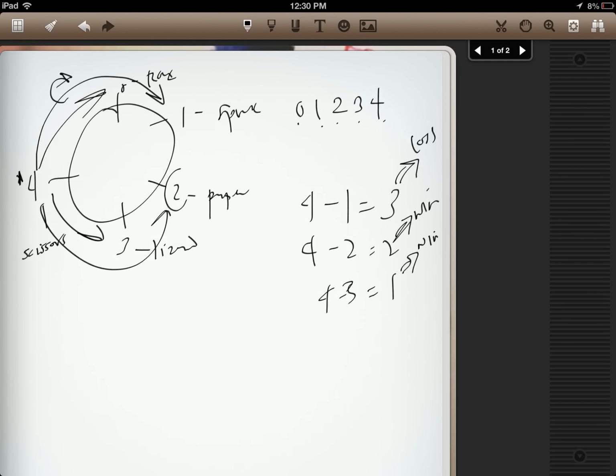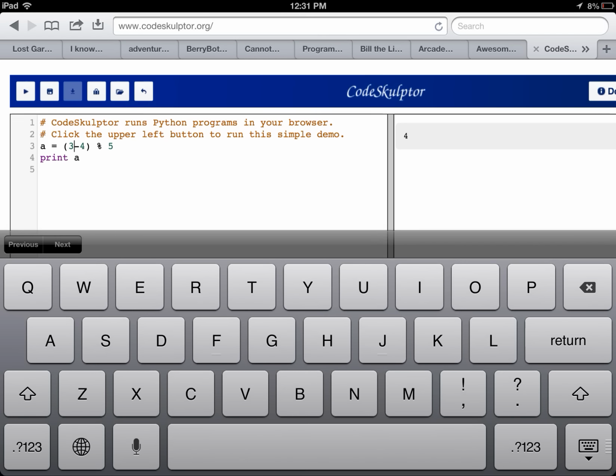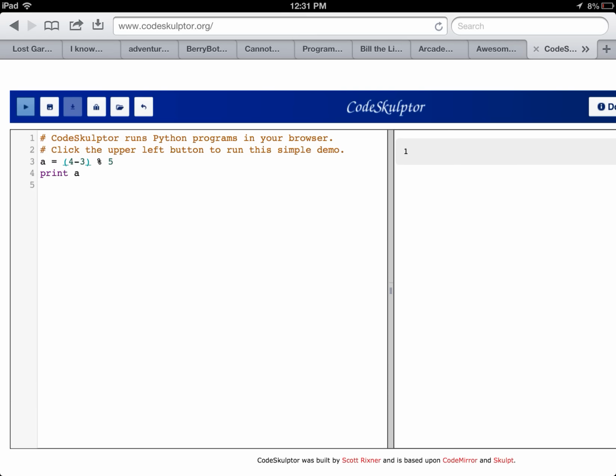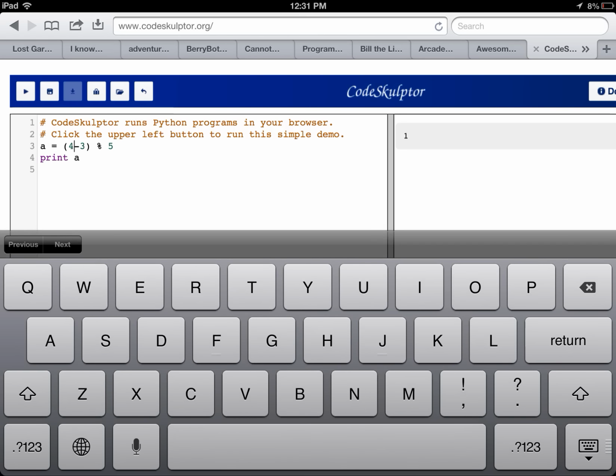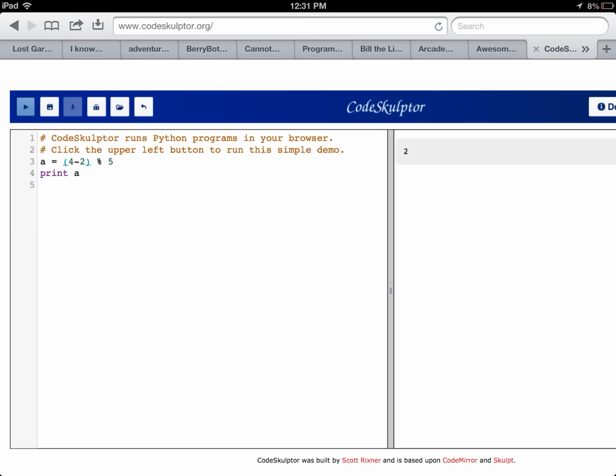Now, if we take the points 4 and 3, modulo 5, we get 1. So 1 modulo 5 is 1. If we take 2 modulo 5, we get 2. Same thing, 3 modulo 5, we get 3.